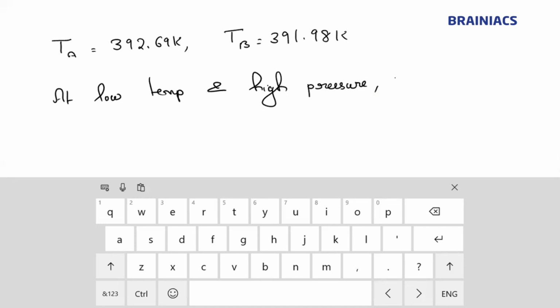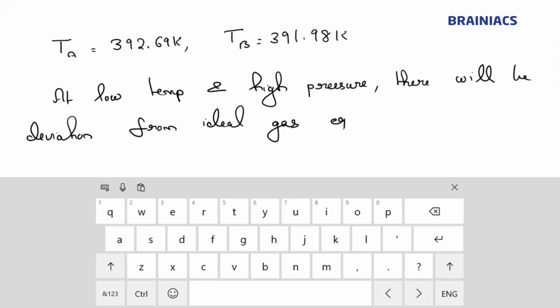There will be deviation from the ideal gas equation. We are using PV is equal to nRT, so because of that we are getting a small difference here. How much? 392.69 minus 391.98, less than 1 Kelvin. Less than 1 Kelvin difference only, or around 1 Kelvin difference we can say.